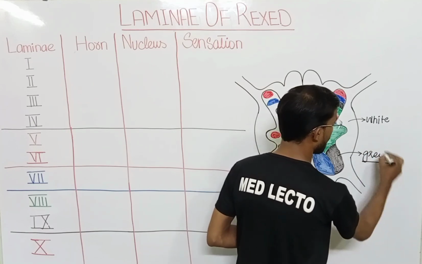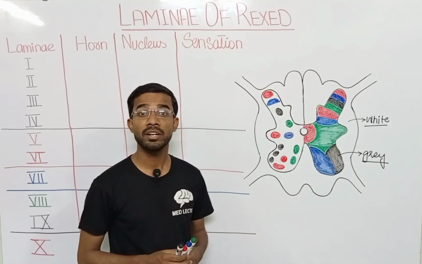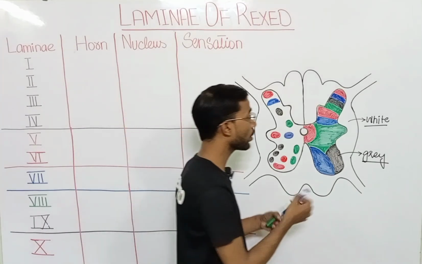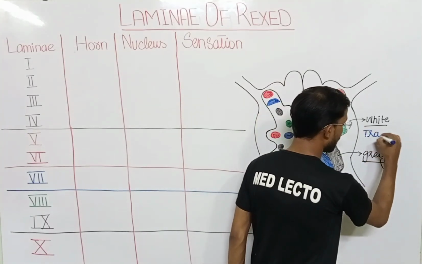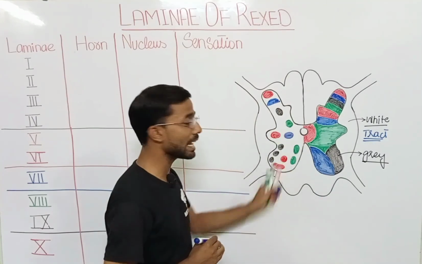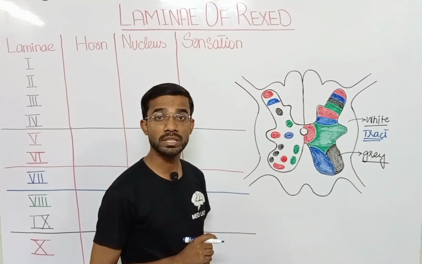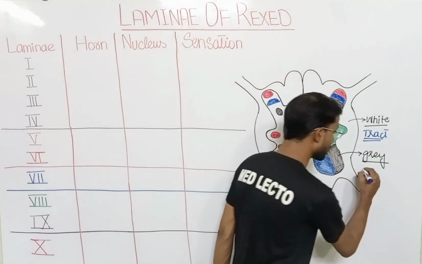In the white matter, you will see mostly tracts, or you can say axons. But in the gray matter, you will see mostly the cell bodies, or you can say nucleus.